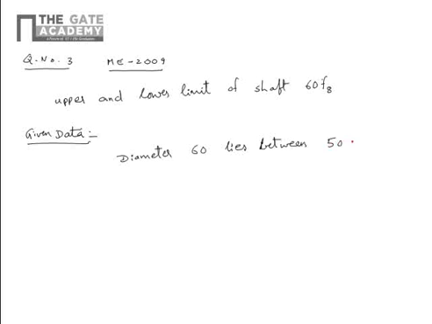So the first step is, you need to calculate D equal to the square root of D1 times D2, that is the geometric mean of 50 and 80. Whatever value you get, that is D, 63.25 mm. So we calculated D.